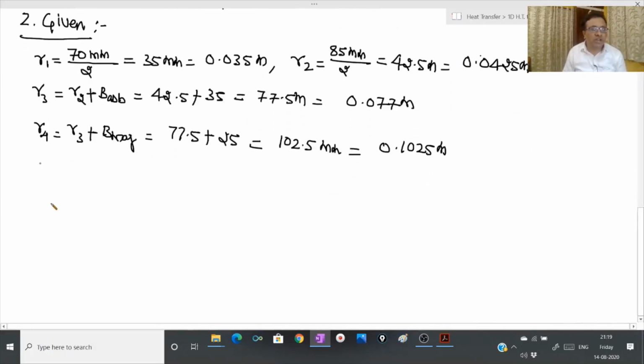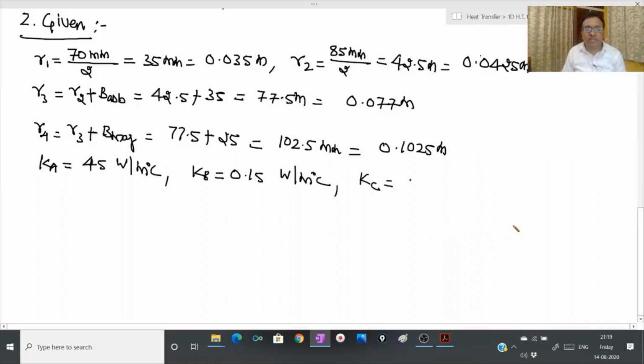Then let us enlist the values. Thermal conductivity of steam pipe material is given as 45 watt per meter degree Celsius. Thermal conductivity of asbestos insulation is given as 0.1 watt per meter degree Celsius and that of magnesia is 0.075 watt per meter degree Celsius. Length of the pipe is given as 50 meter.